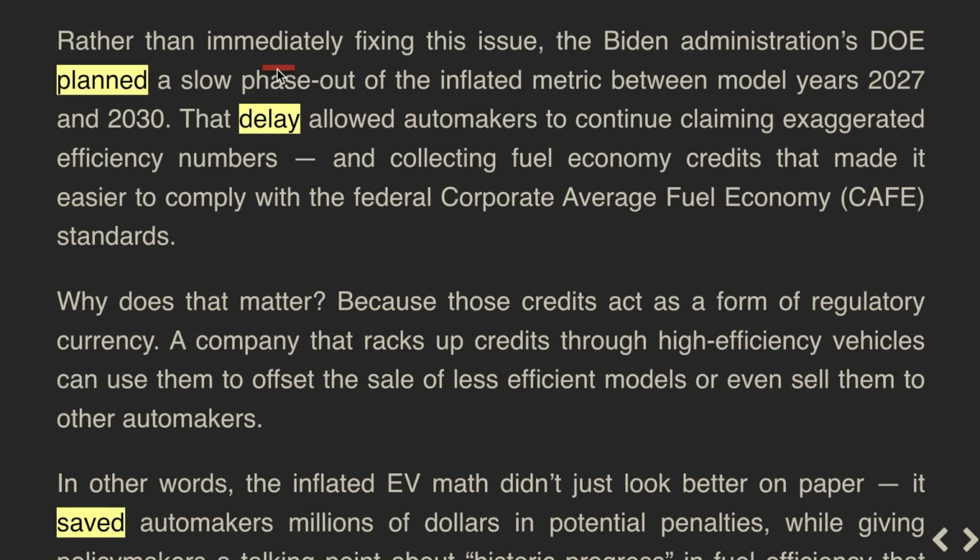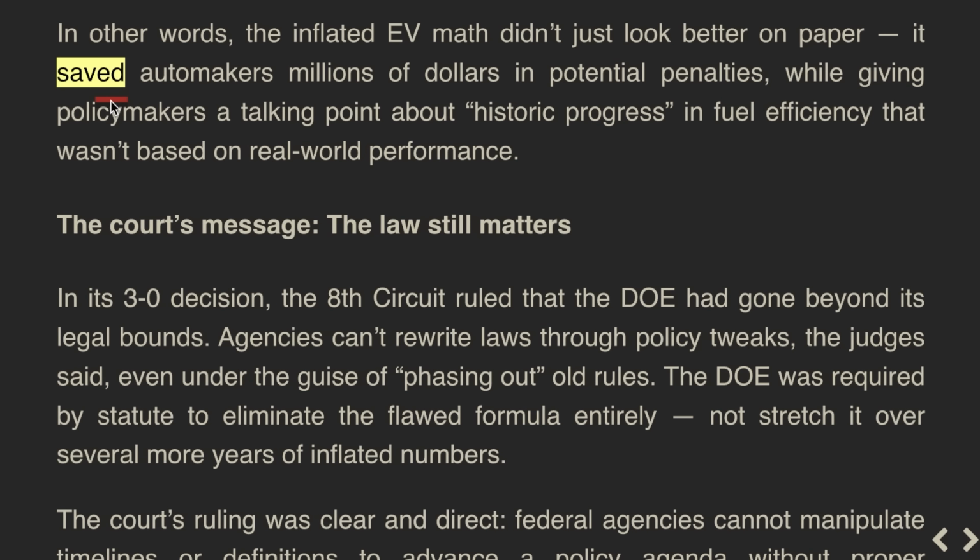And rather than immediately fixing the issue, the Biden administration's DOE planned a slow phase out between 2027 and 2030. And that delay was supposed to allow automakers to keep claiming those higher efficiency numbers for EVs to help them comply with the CAFE standards, which saved automakers millions of dollars in potential penalties.